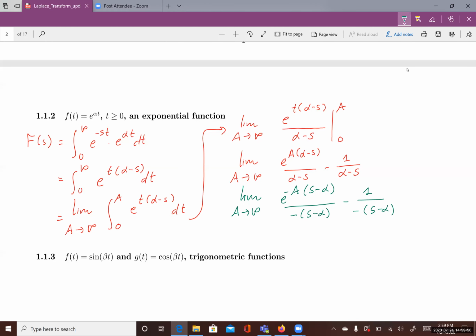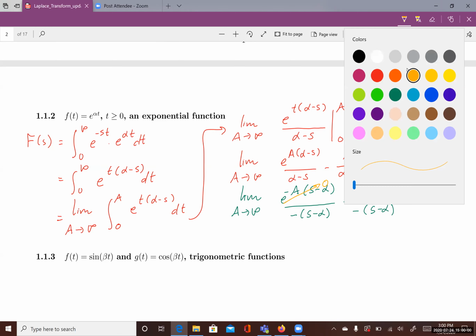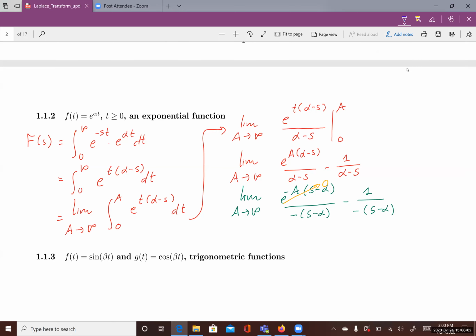So now we know that a goes to infinity, so this will go to 0. And then negative and negative will give you a positive value. So the answer for this Laplace transform for this exponential function is 1 over s minus alpha, where s is greater than alpha.